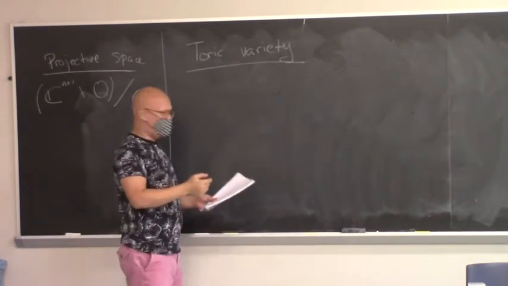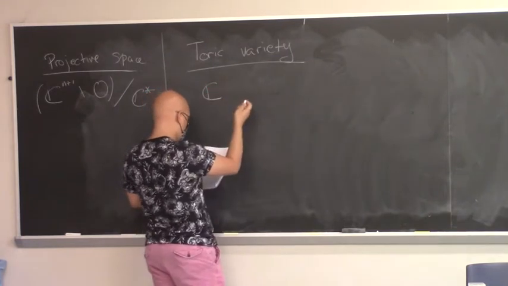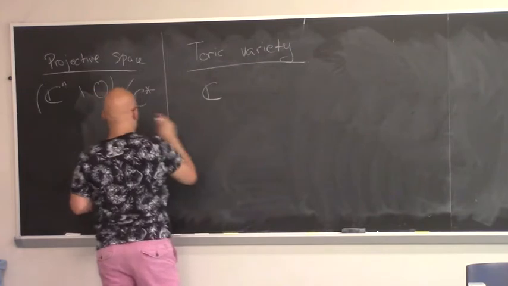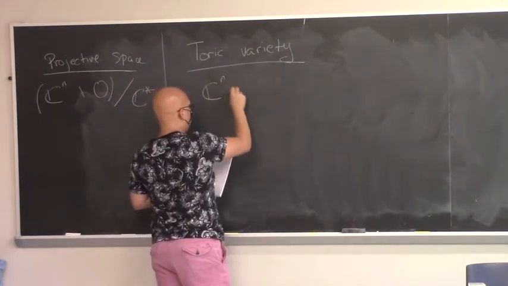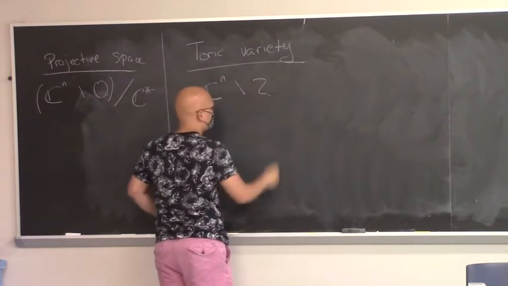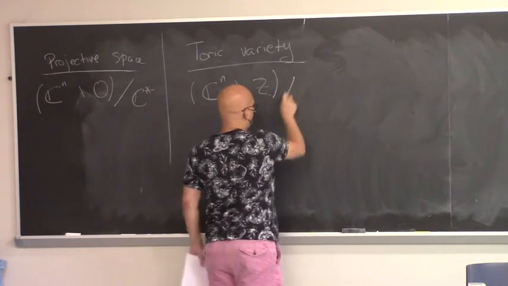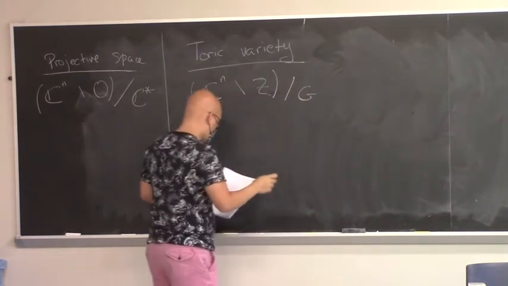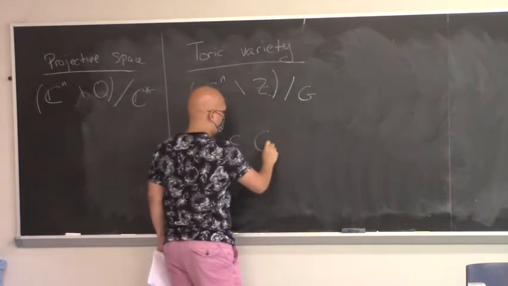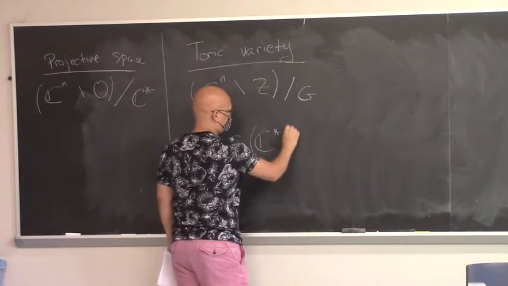And more generally, a toric variety is going to be C^n minus some locus I call Z, mod G, where G is some subgroup of (C star)^n.